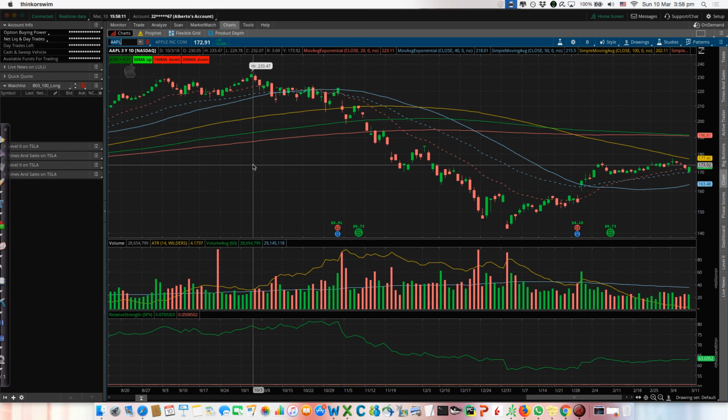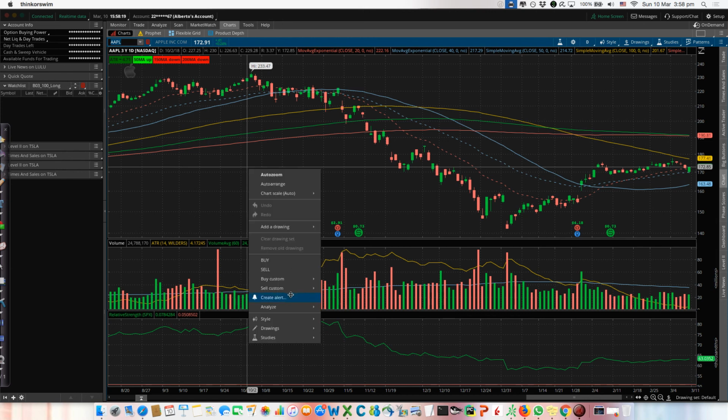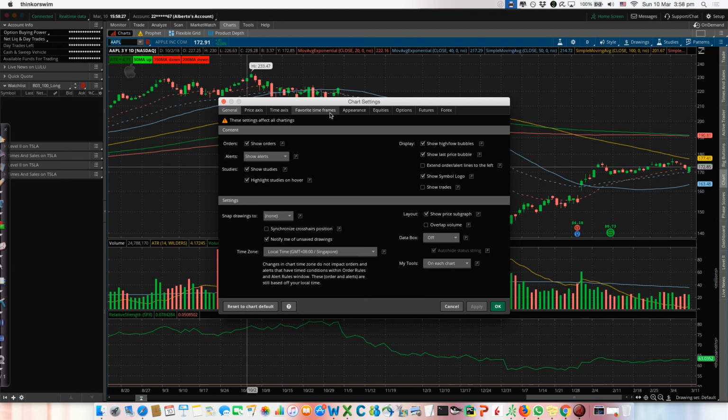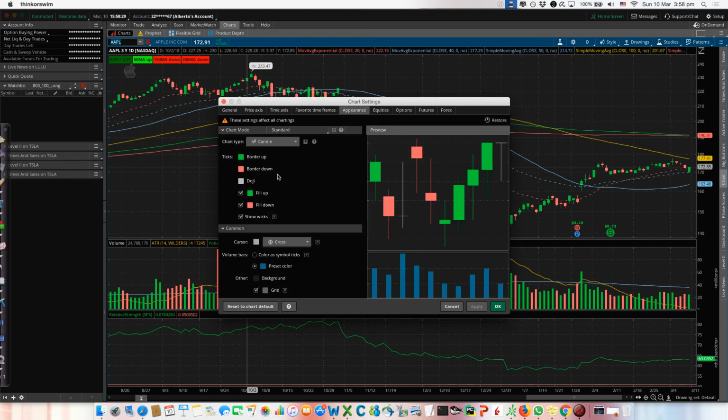But if you want to use the setting with 4 types, like fill, hollow, and green and red, you just go here, go to style and settings, and if you go to appearance, you can check here.